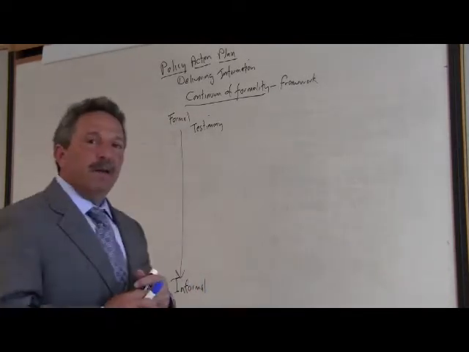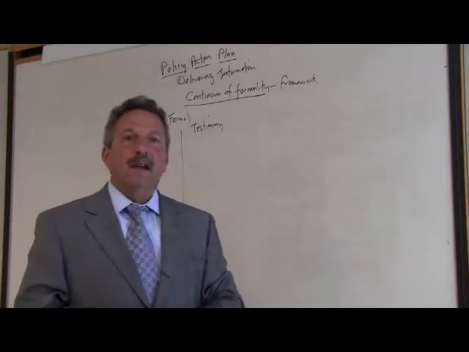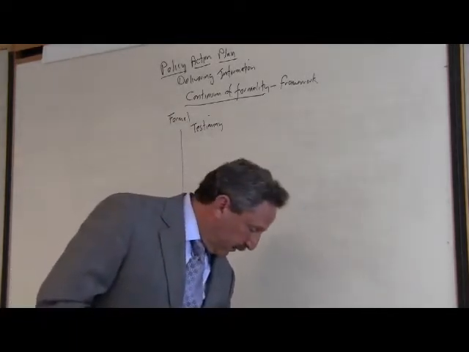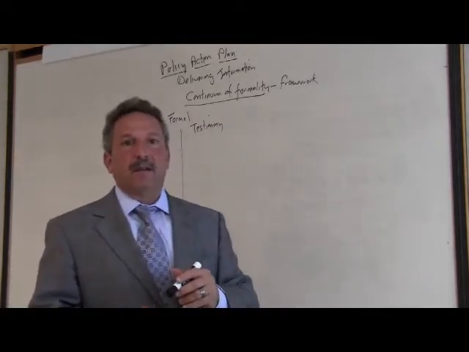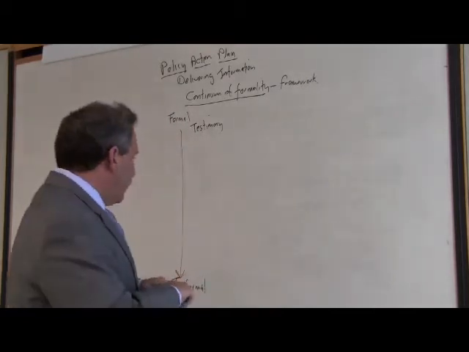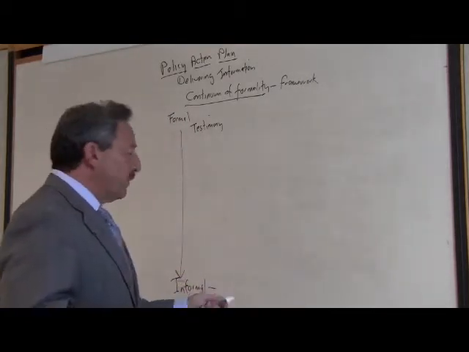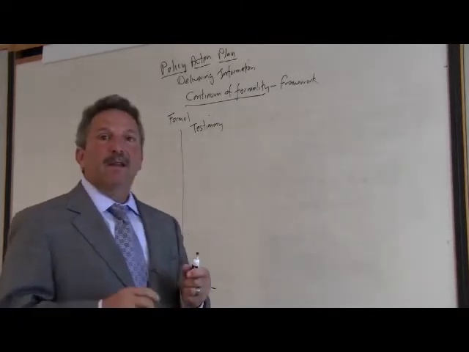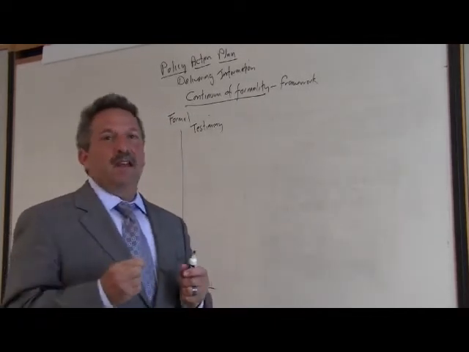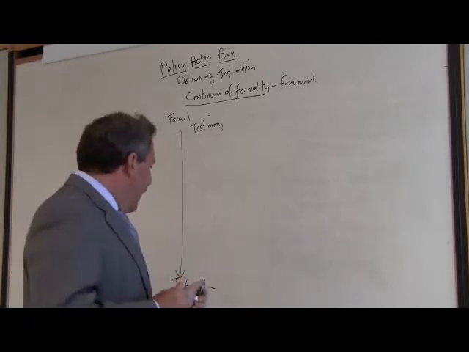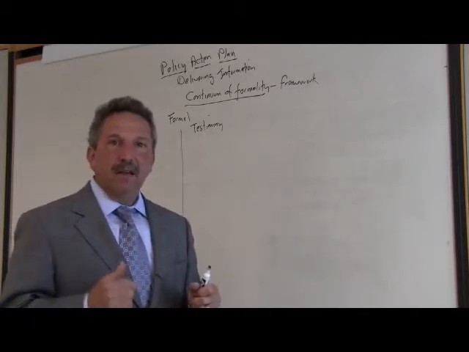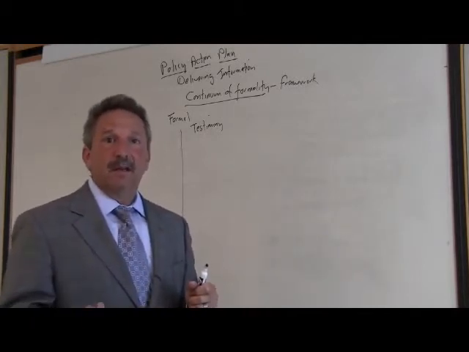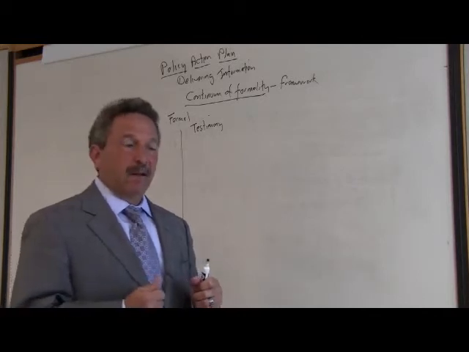At the bottom of the continuum is very informal communications with policymakers. And this is perhaps the most critical component of an effective policy action plan, is strategically thinking about how you take advantage of those informal opportunities to work with policymakers.